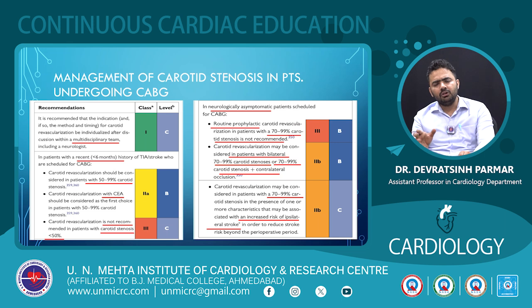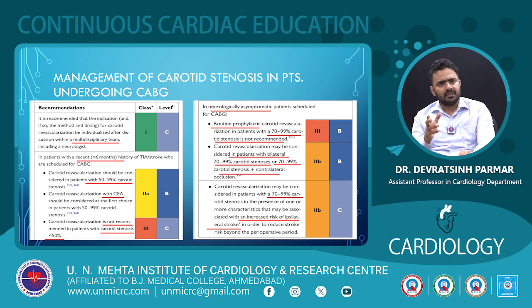Now, how will you manage a patient undergoing CABG? You identify that the patient has carotid stenosis, and then whether the patient is asymptomatic or symptomatic. In a symptomatic patient, carotid revascularization should be performed with 50 to 99% stenosis; this is a class 2A indication.